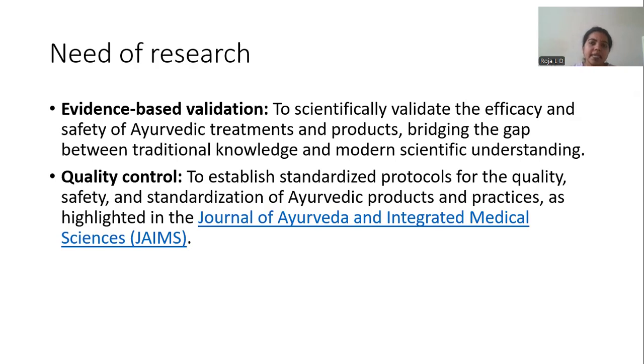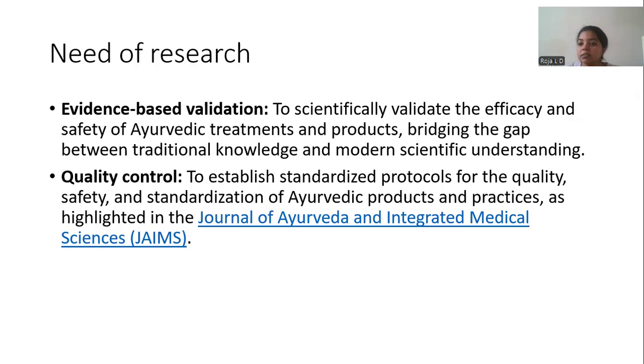So, even to validate our Ayurveda as a science in front of the whole society, we should have evidence-based validation, right? So that's why, to scientifically validate the efficacy and safety of Ayurvedic treatments and products. So bridging the gap between the traditional knowledge and modern scientific understanding, it is the need of the research. That's what we definitely need.